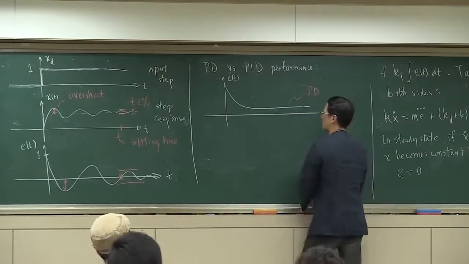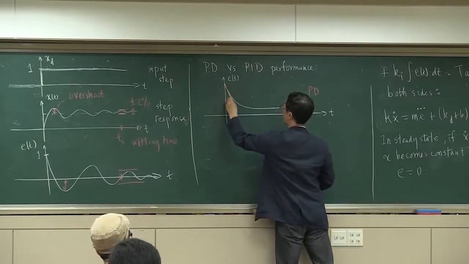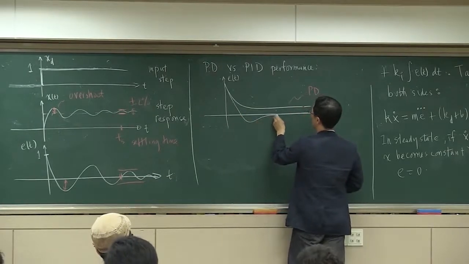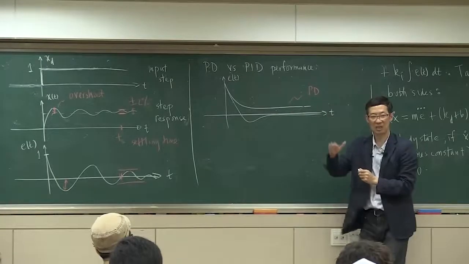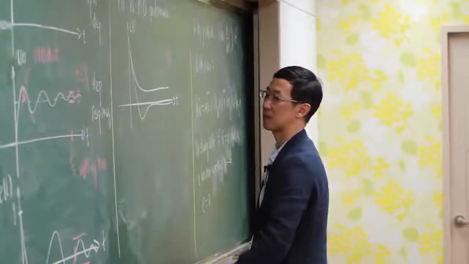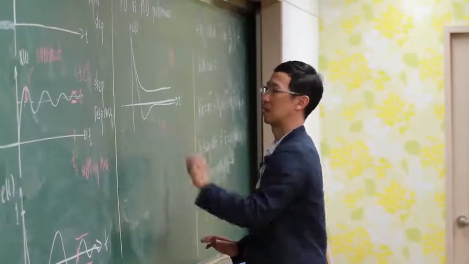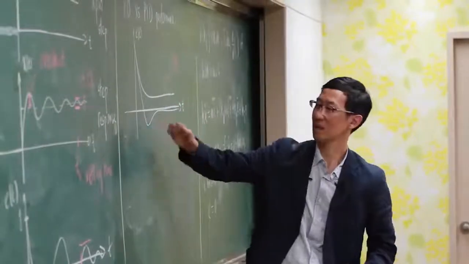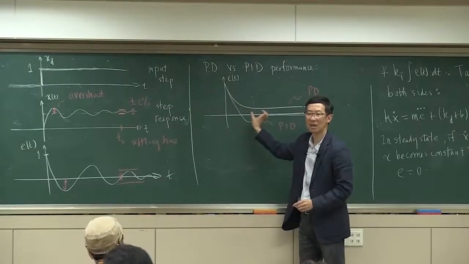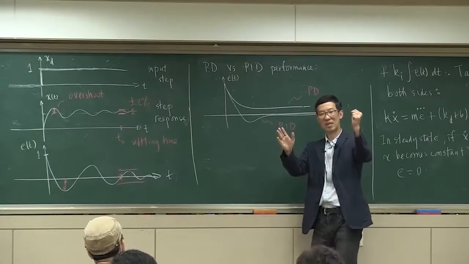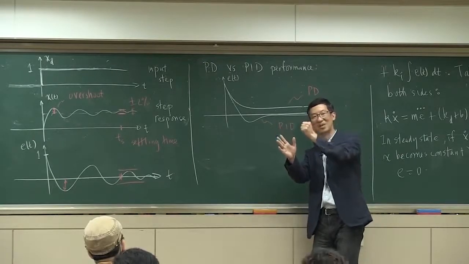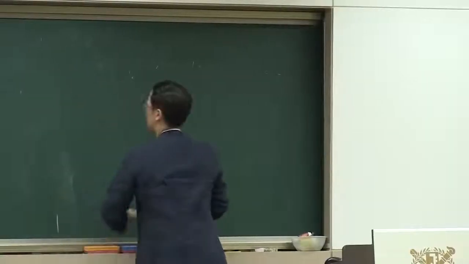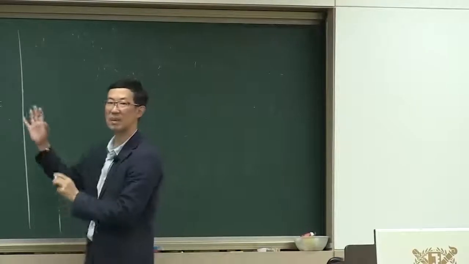Now, if you use a PID control, you might overshoot a little bit, but you'll get a steady state error of 0. So this would be PID. It does get to where you want, but it takes quite a bit longer. It'll get close, and then from there, the errors have to accumulate, and eventually, you get to where you want. All right. So that's the mass spring damper system.